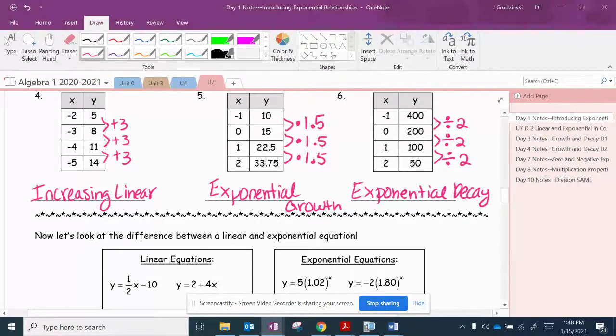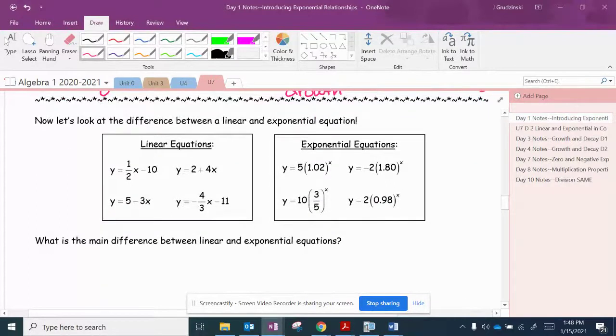All right, so moving on, we're going to switch gears a little bit. Let's look at the difference between how a linear equation looks and an exponential equation looks. The main difference is that an exponential equation has x as an exponent, right? A linear equation has an x with an exponent of 1.